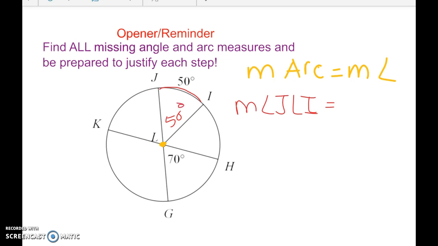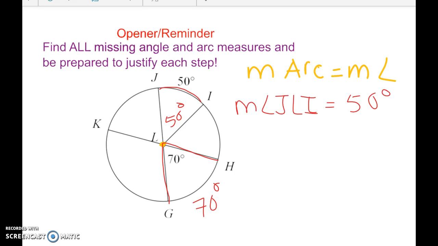Same kind of thought process here. Because angle GLH is 70, the measure of the arc GH, right here on the outside of the circle, has to also be 70 degrees. Now here's the step where everyone got confused and they were like, Miss Gardner, how in the world do I figure anything else out?